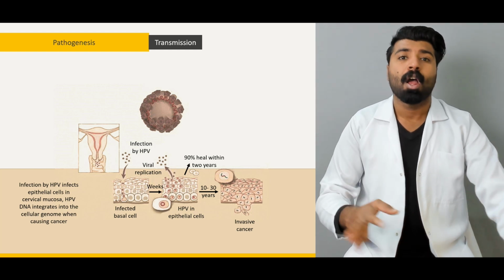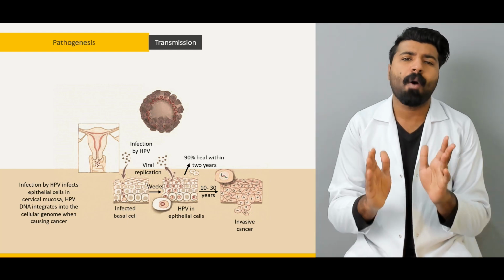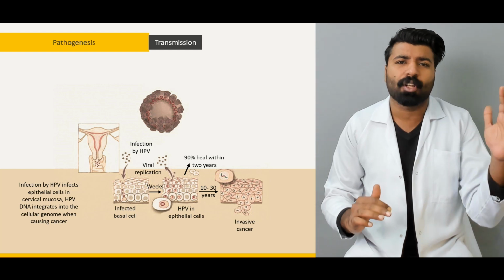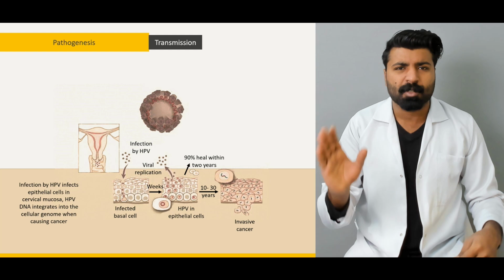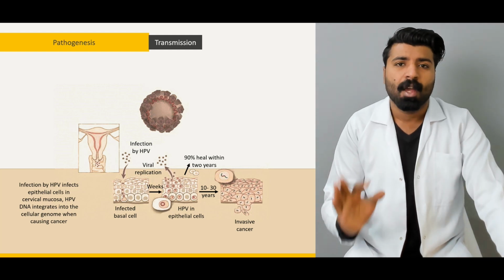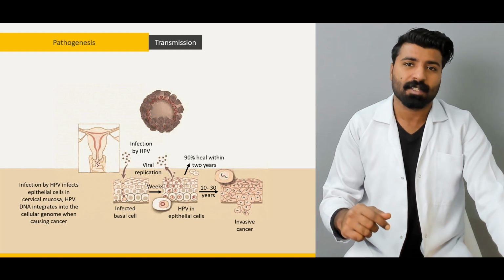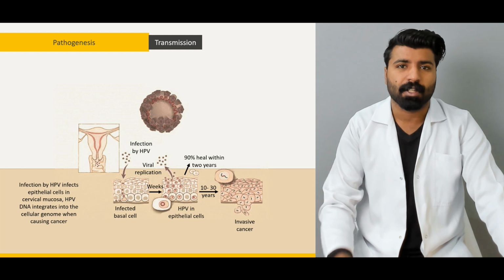This is all about how it gets to our body, which layer it affects, and how many of the patients who are affected by it get better on their own. Our immunity is responsible for that. Our tumor markers, tumor suppressor genes are responsible for that. But how many of them do not get better and lead to invasive cancer? That's about 10%, and they need 10 to 30 years for it.